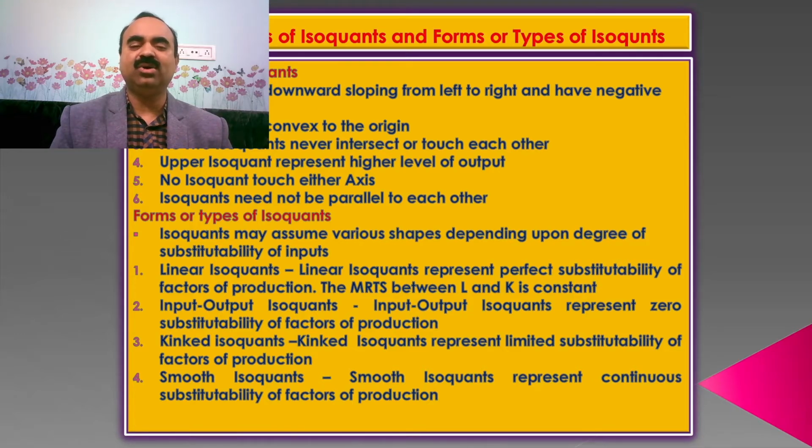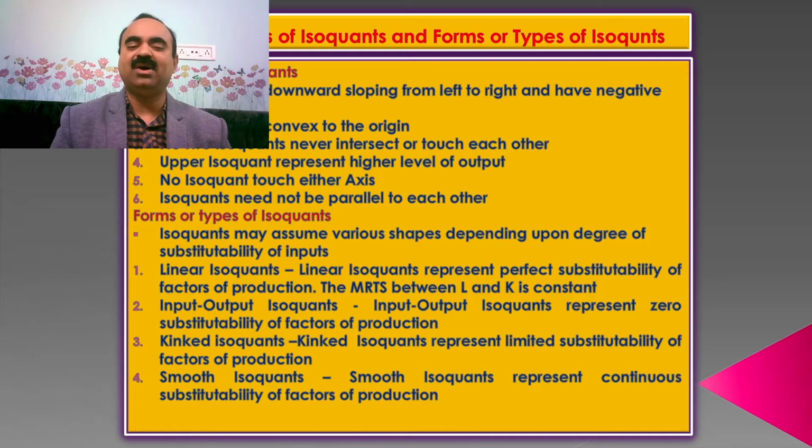No two isoquants ever intersect or touch each other. 4. Upper isoquant represents higher level of output. 5. No isoquant touches either axis. And 6. Isoquants need not be parallel to each other.